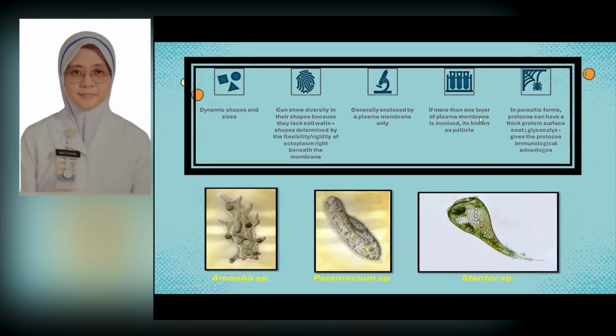If more than one layer of plasma membrane is involved, it is known as pellicle. In parasitic forms, protozoa can have a thick protein surface coat, such as glycocalyx, which gives the protozoa an immunological advantage.